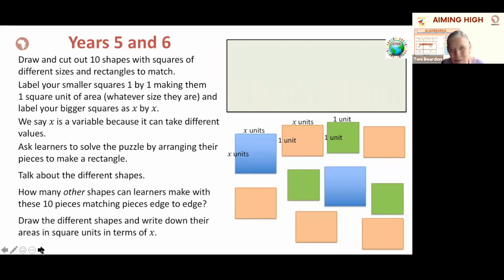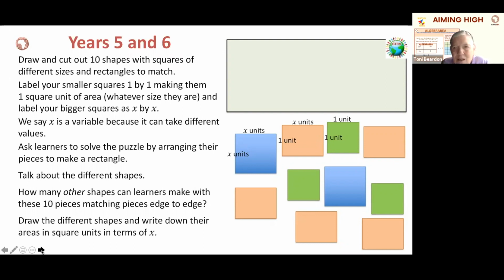They're not stretchy material. We're linking the area and the multiplication and the concept of rectangles, multiplication, area, and finally we're going to bring in the algebra.